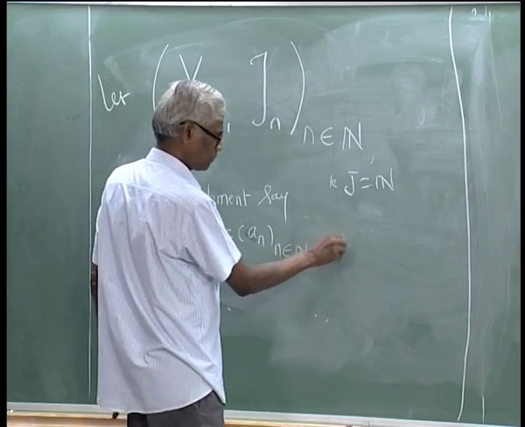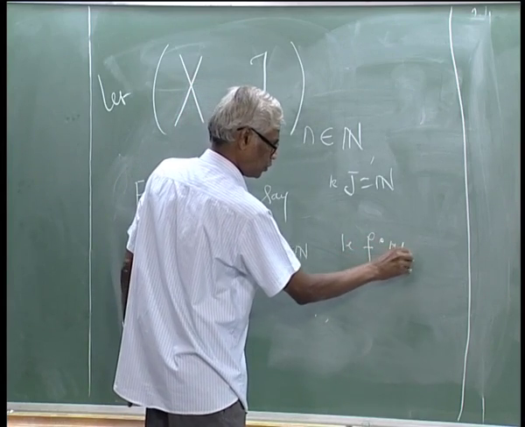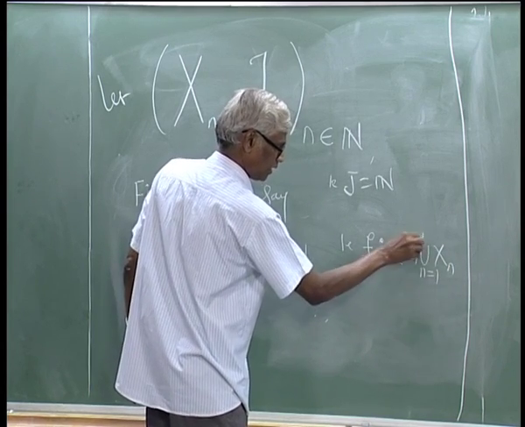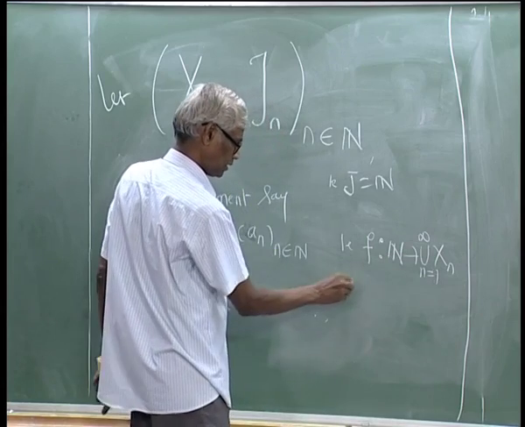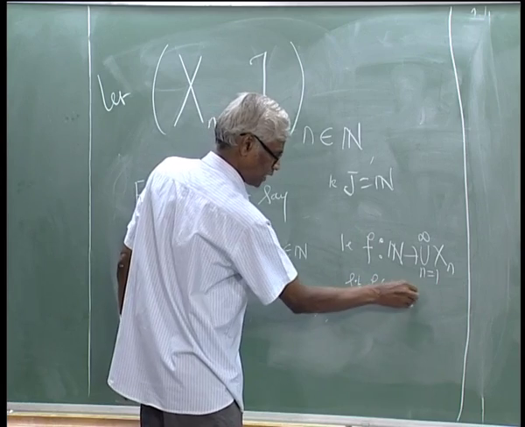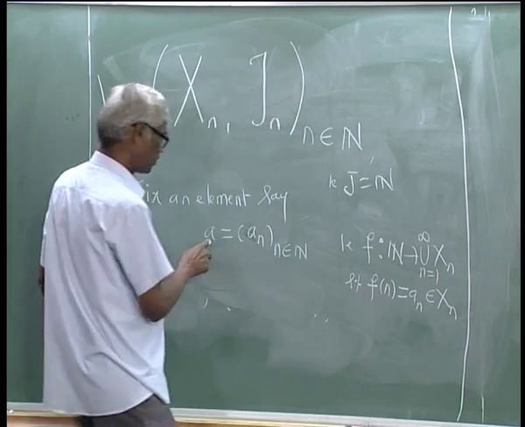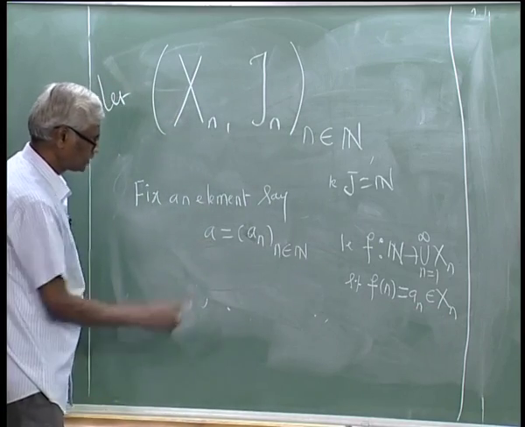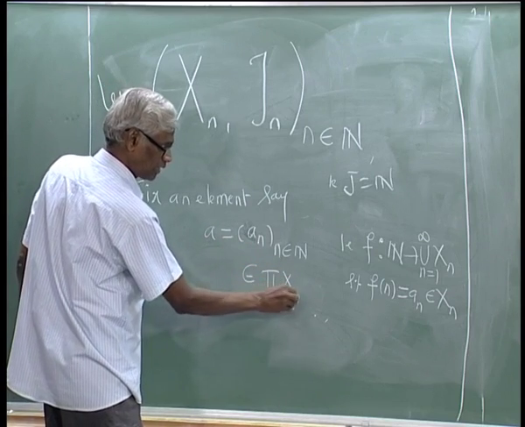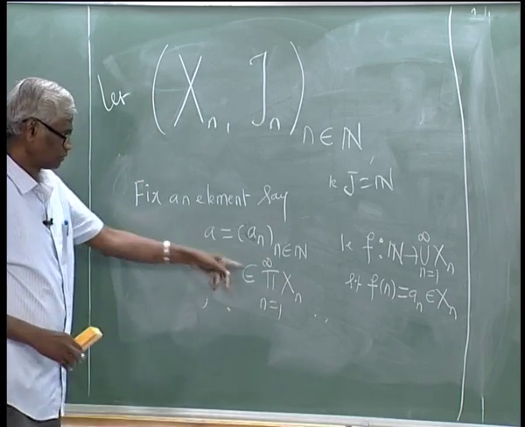That is what A means, that is, f is a function from the natural numbers to the union of X_n, n from 1 to infinity, such that f at n equals a_n, which belongs to capital X_n. This f is what we call A. So, this is an element in our product space, in this case the product of X_n, n from 1 to infinity. Okay. Now, that is how we have defined it.